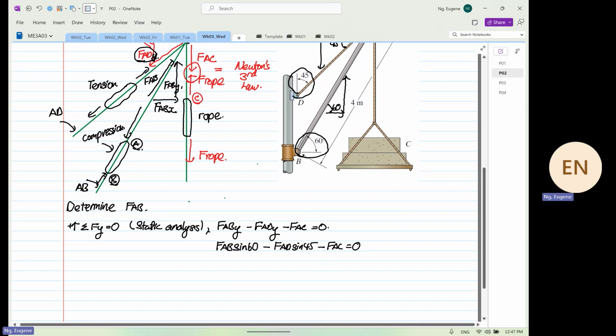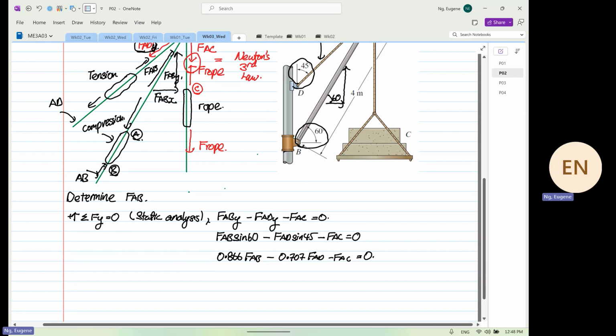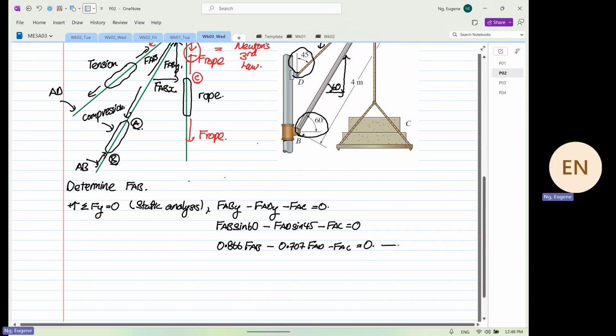So sine 60, 0.866 FAB, minus sine 45, 0.707 FAD, minus FAC is equal to 0. So this is our equation number 1.